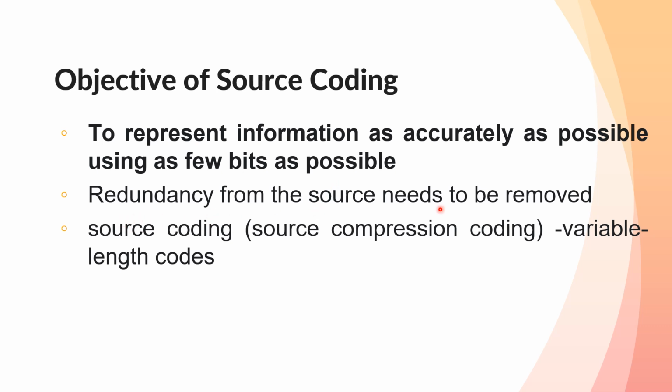The redundant information from the source needs to be removed, which results in source compression coding, and the codes produced are variable length codes.